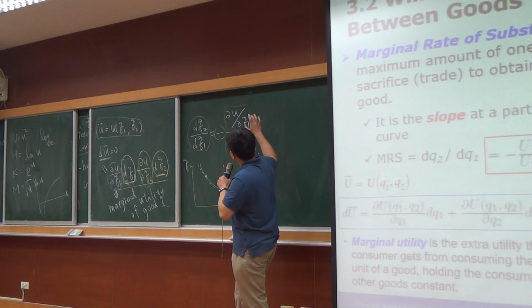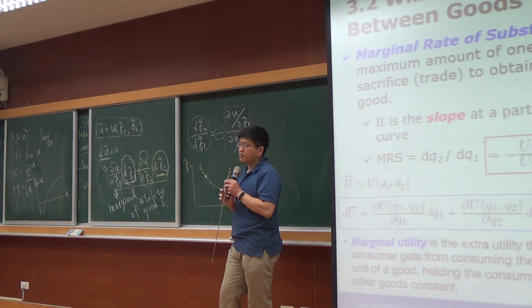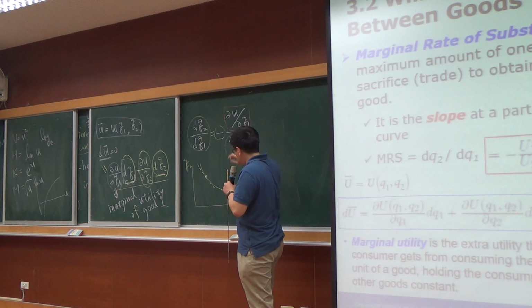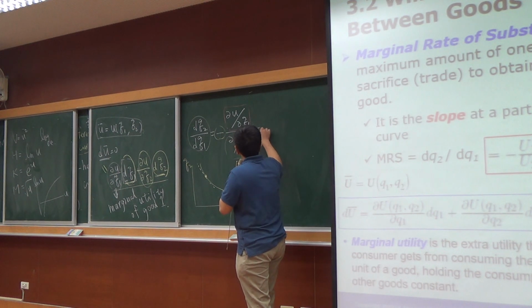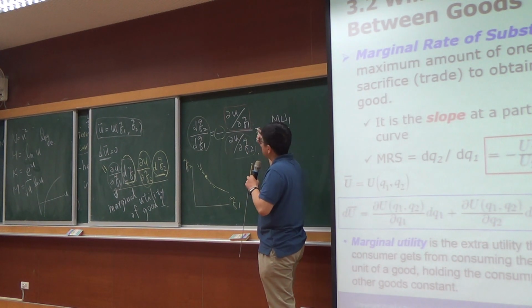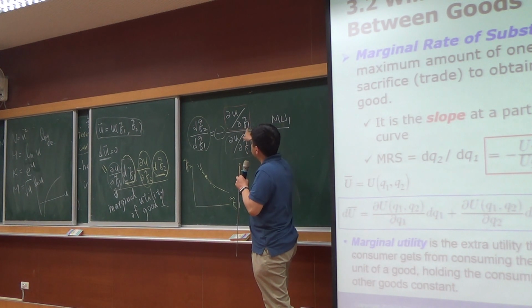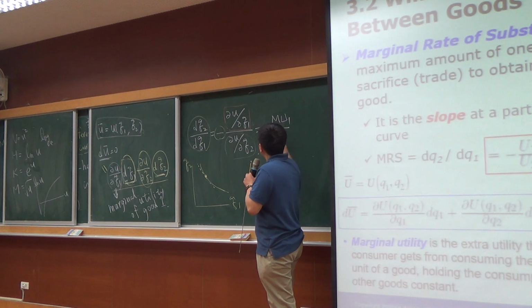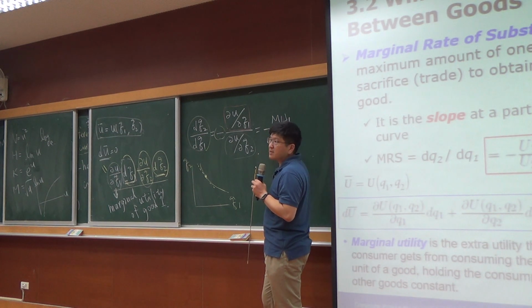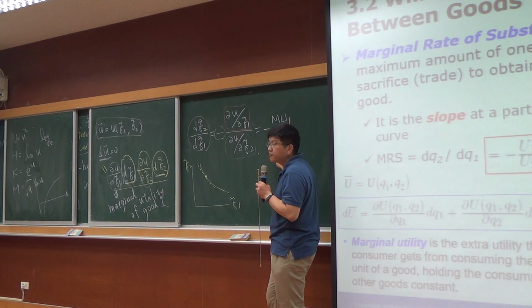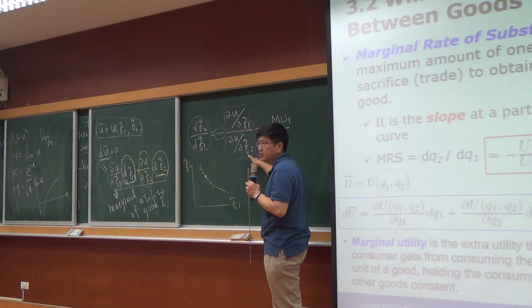So the marginal utility of good one, we call it MU1. MU1 is the single effect coming from Q1, the change in Q1 per unit, only one unit, with Q2 remaining constant. Okay? And MU2 is the marginal effect, marginal influence of Q2, of good 2.